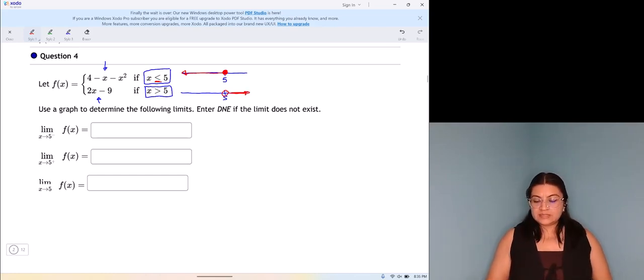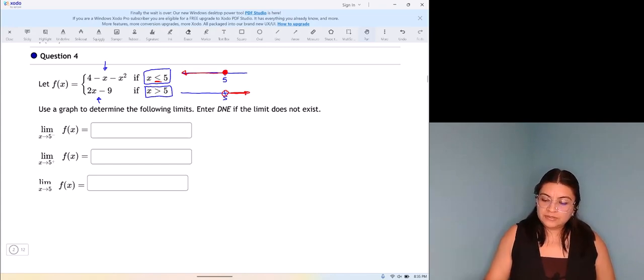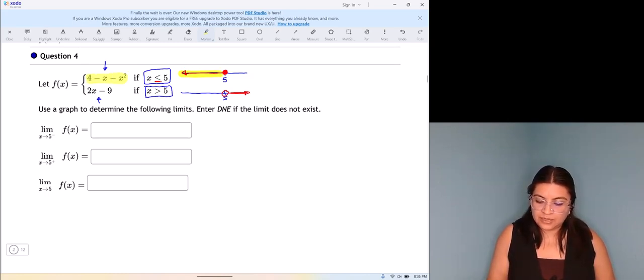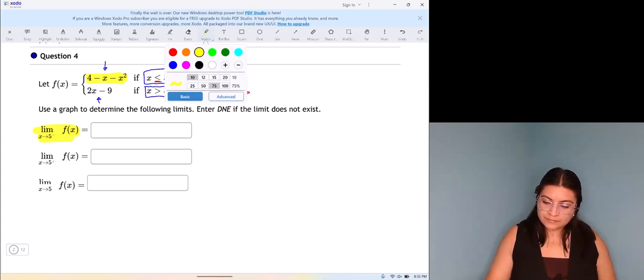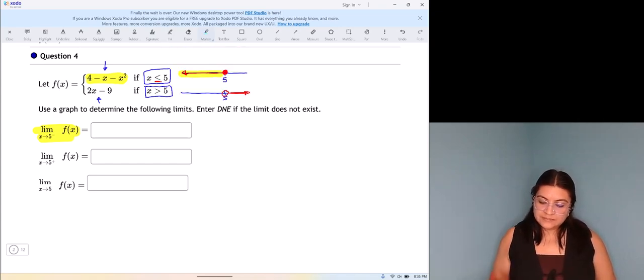The first one says, find the limit of the function as x approaches 5 from the left. Which one is coming from the left side? This one is coming from the left side, so we're going to be using the first formula. The second one says, find the limit of the function as x approaches 5 from the right side.